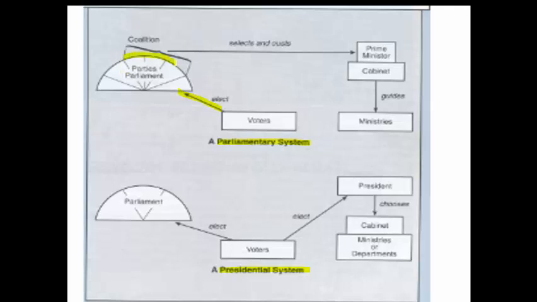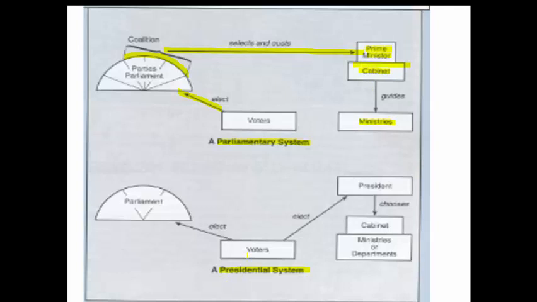So here's your coalition that's controlling Parliament, and then the party selects the Prime Minister, who is the head of the party, and their cabinet. And so there's your ruling body right there, and then they guide the ministries in the administrative functions of government. But the control is up here with the Prime Minister and cabinet.